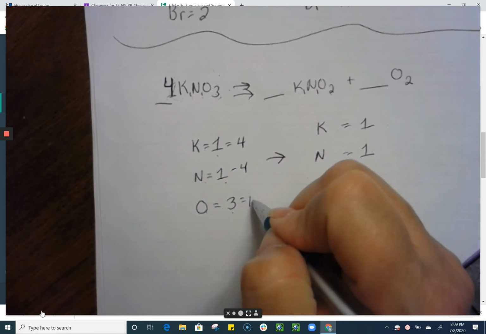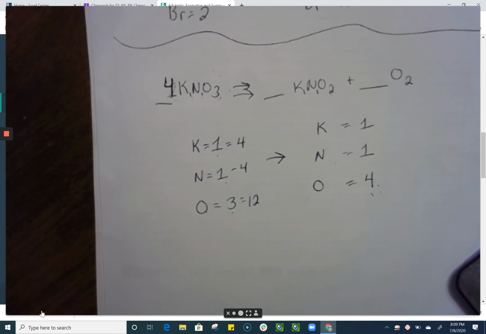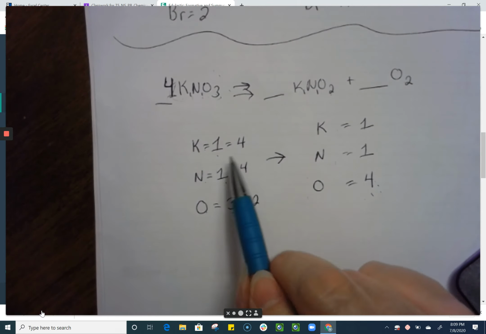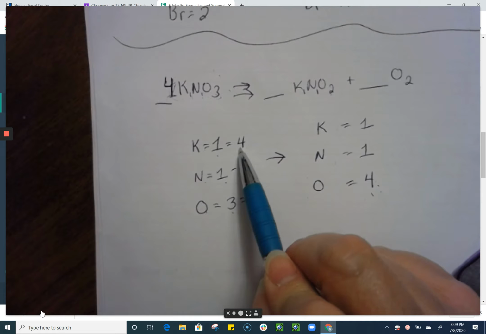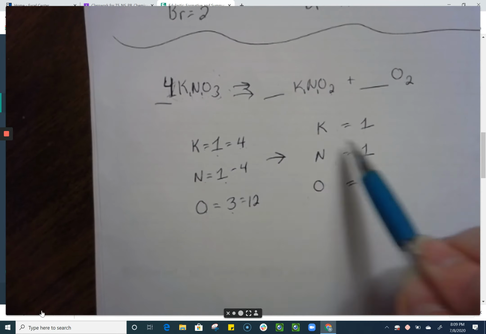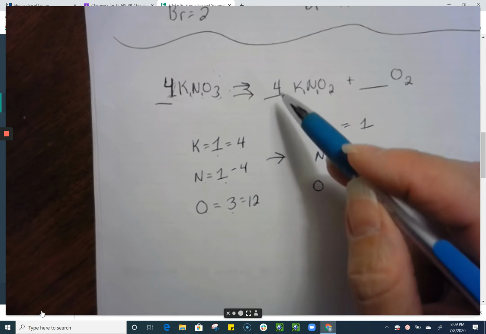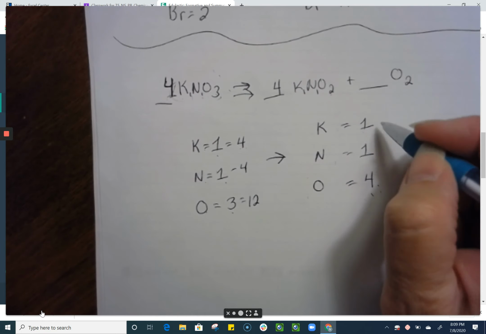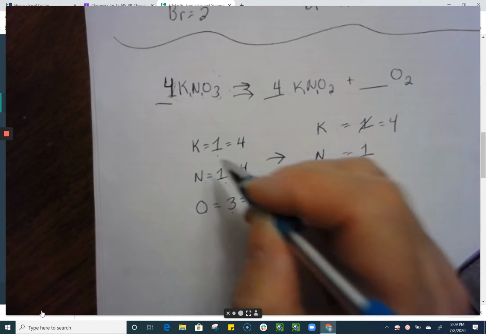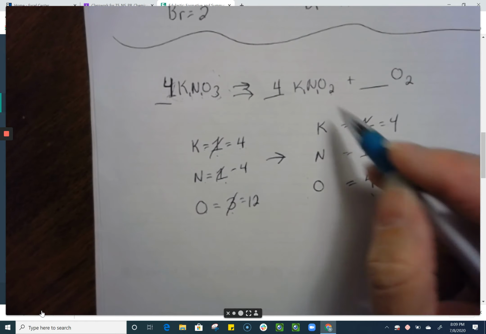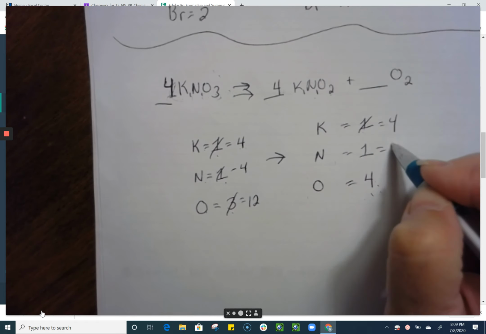And now I have 12 oxygen. So if I have 4 potassium here, I need to get 4 on this side of the arrow. So the only way to do that is to put a 4 there. 4 times 1 would give me my 4. 4 times 1 here would give me 4.